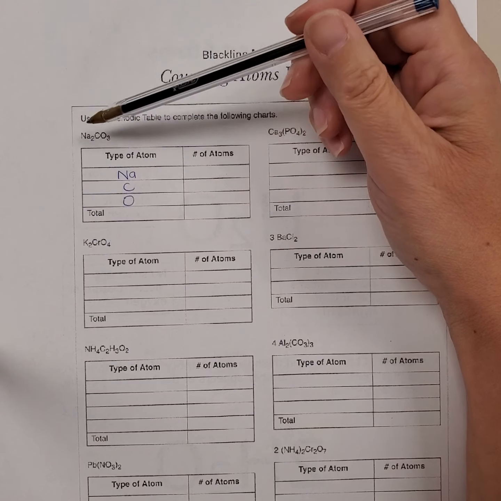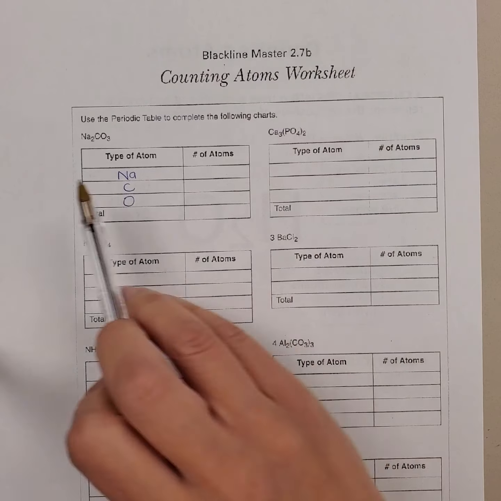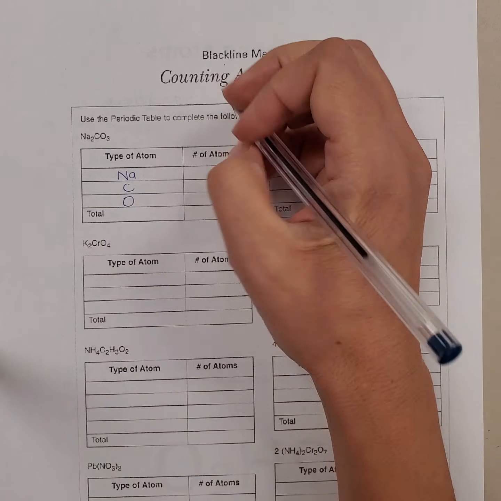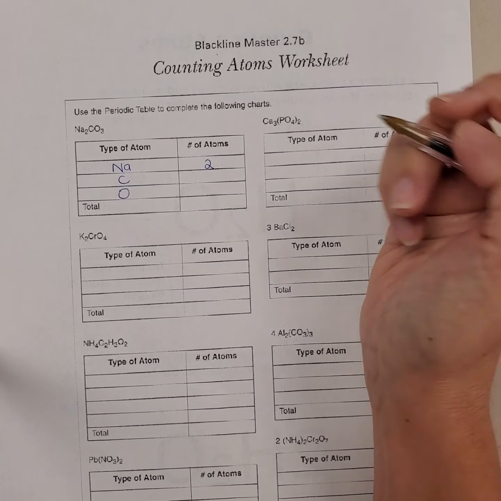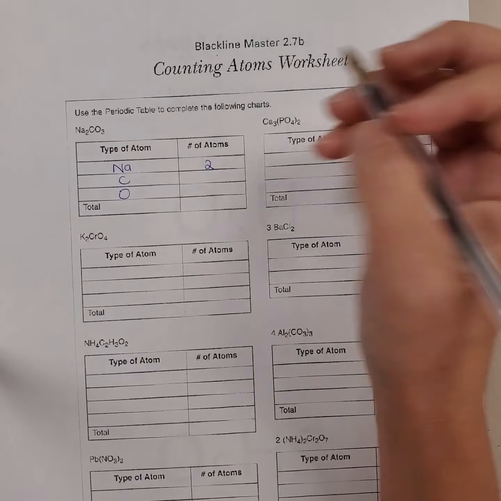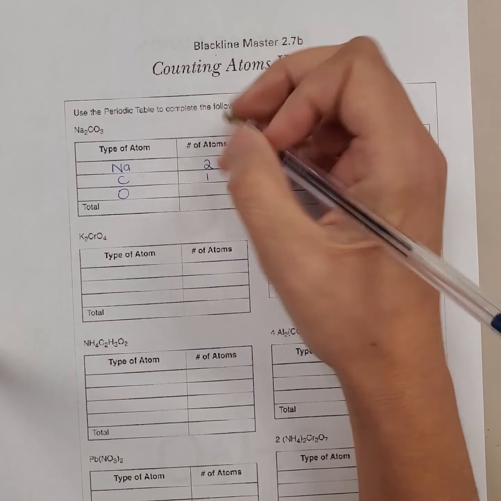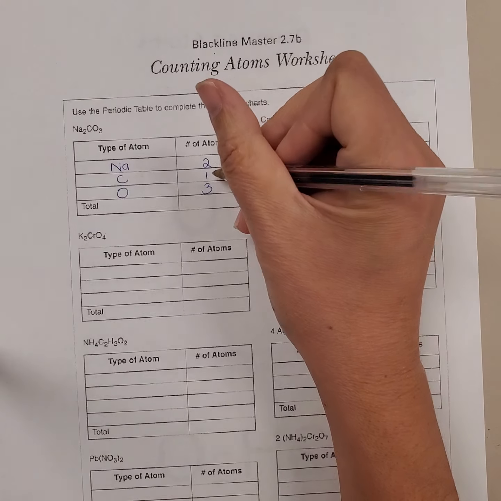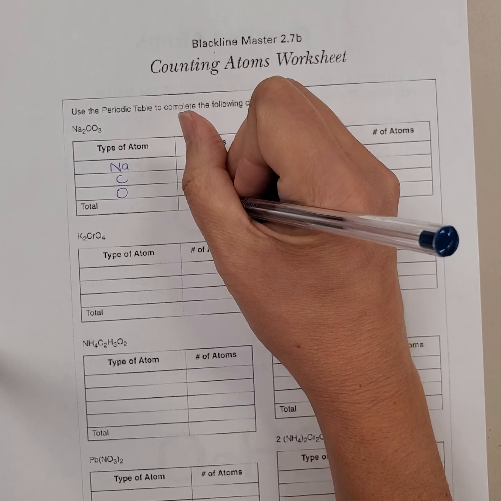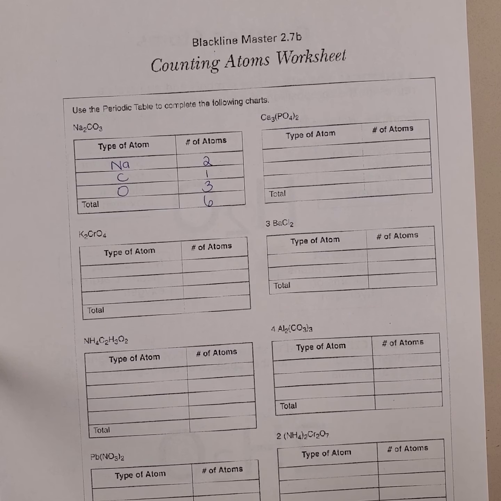Sodium carbonate is composed of sodium, carbon, and oxygen. Sodium has a 2, so we write number of atoms is 2. Carbon, there's no subscript, so we write down the number 1. And oxygen has a 3, so we write down 3. So in total, this compound contains 6 atoms.